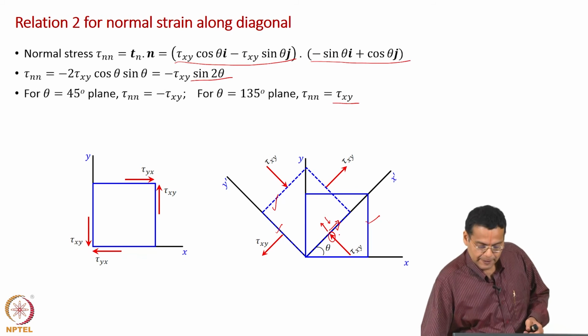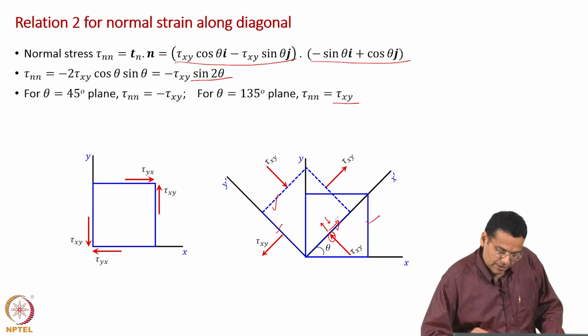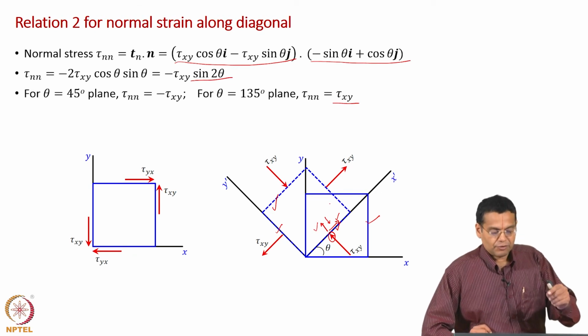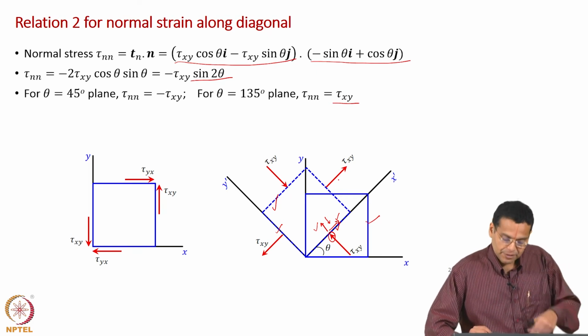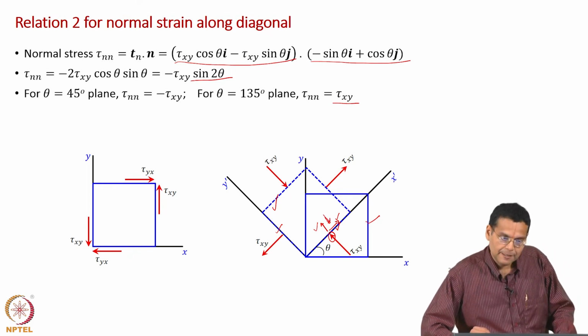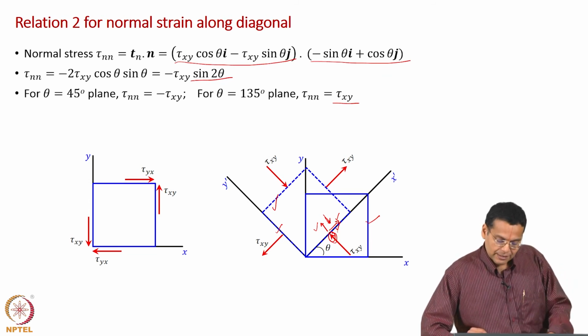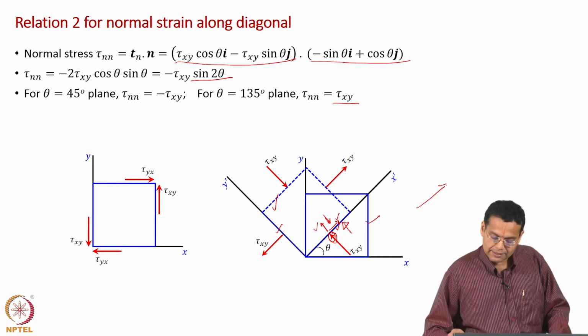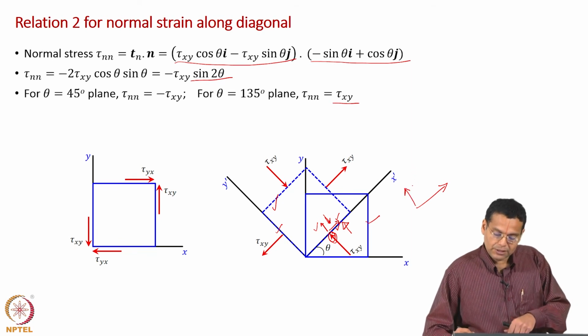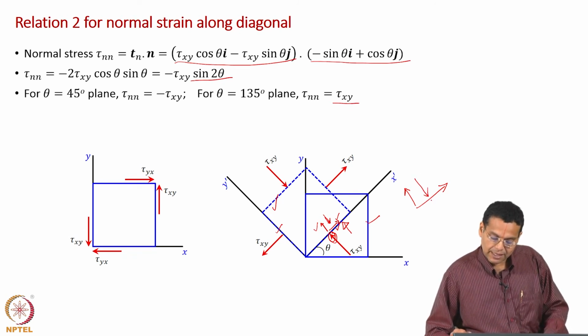So, let me repeat: the tangent is along this direction, the normal is along this direction. For the 45 degree plane, we found the normal stress to be minus tau xy, which means it is along this direction. This arrow represents the opposite side of the surface, and that is why it is in this direction. The normal stress is opposite to the unit normal, so it is along this direction, but the arrow is indicated on the opposite side of the surface.